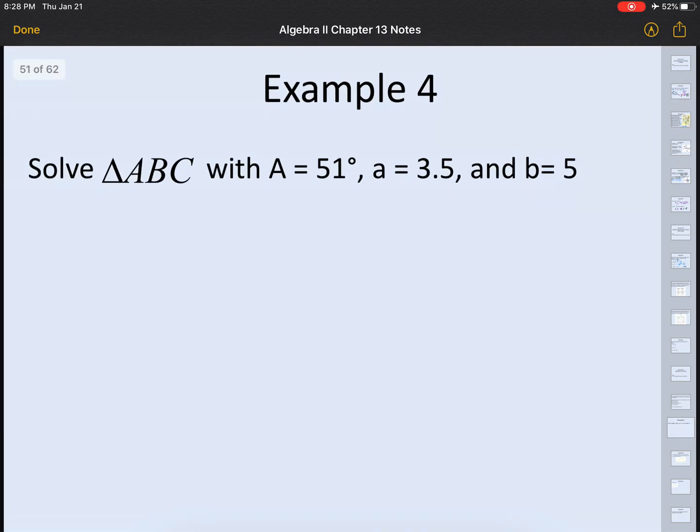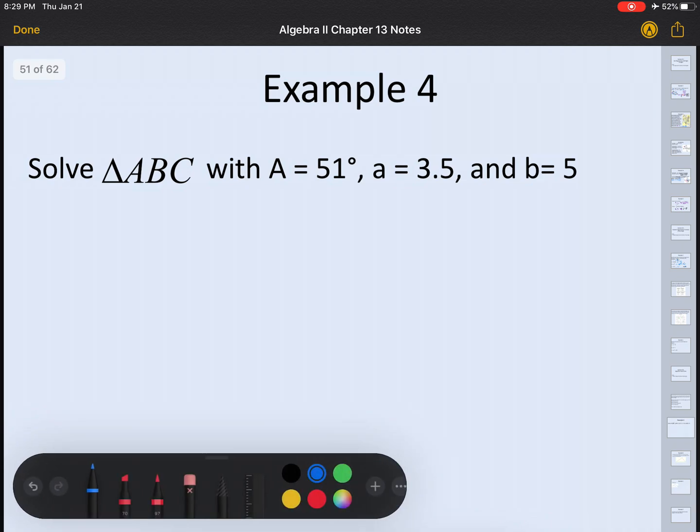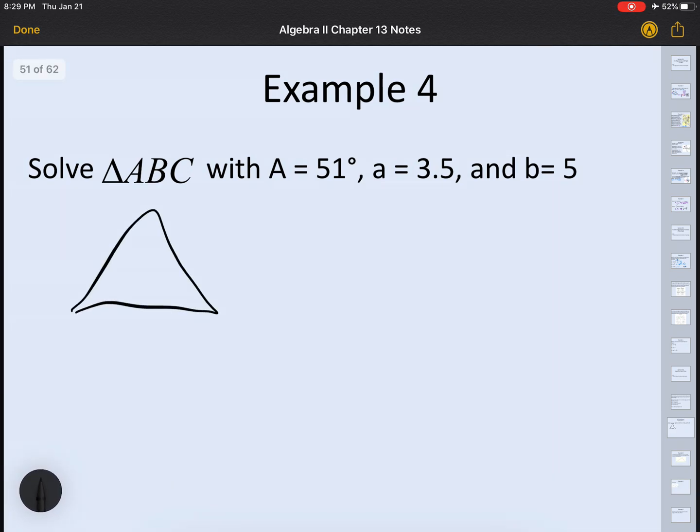All right, example 4. So we're going to draw a triangle again. Triangle ABC. It's a rough looking triangle. All right, and we know that angle A is 51 degrees.